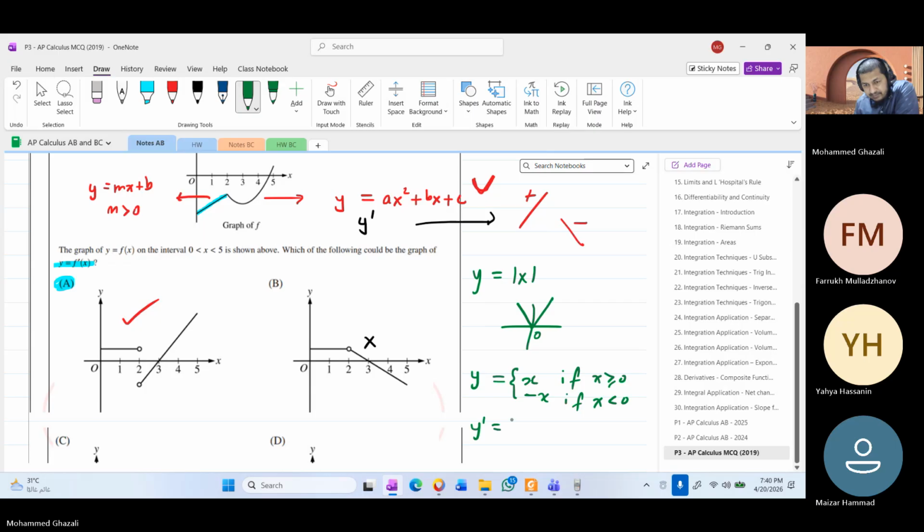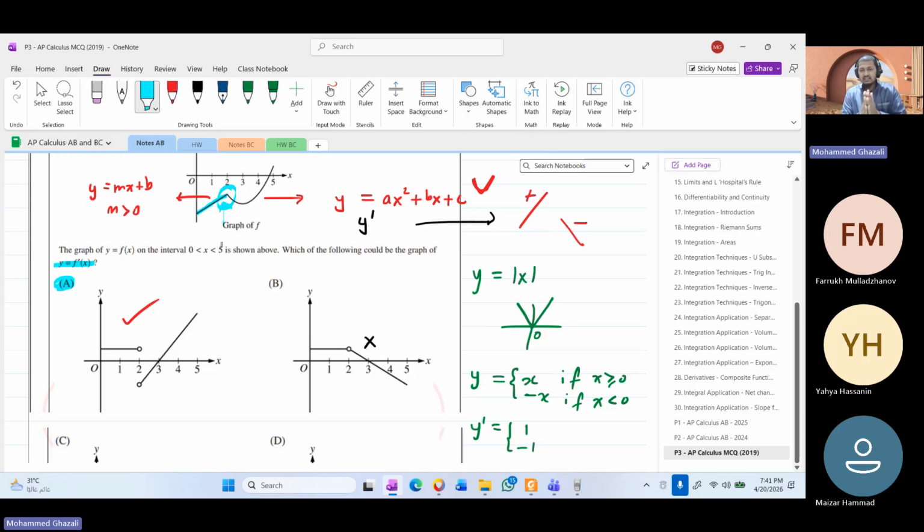What's y prime? 1. And what's the derivative of this? Negative 1. So if a function meets at a vertex, at that point it is never ever differentiable. You understand? So the graph can't be differentiable at 2. It can be continuous, but it's not differentiable.